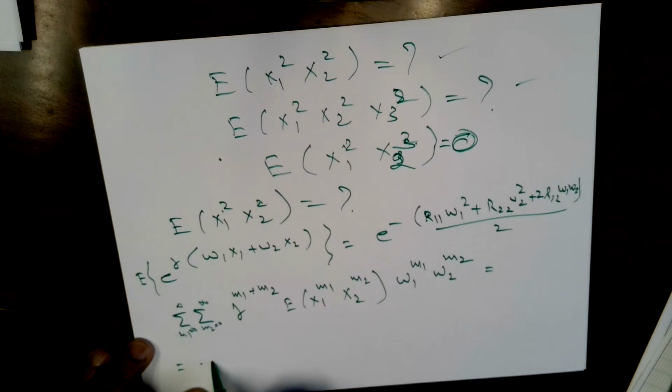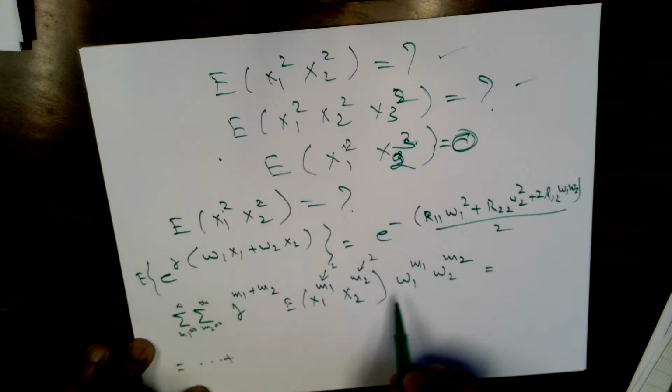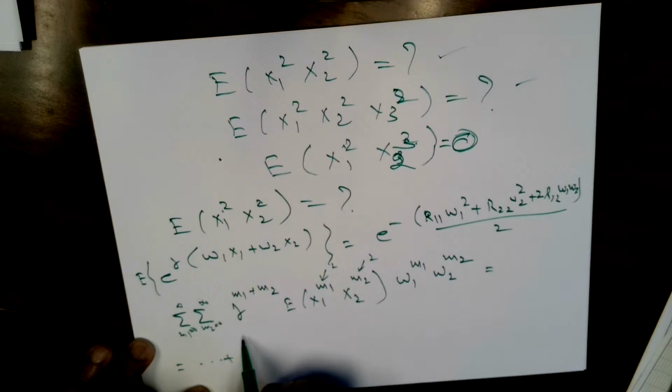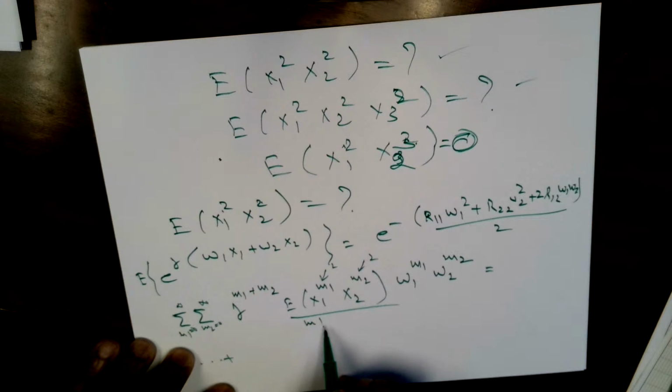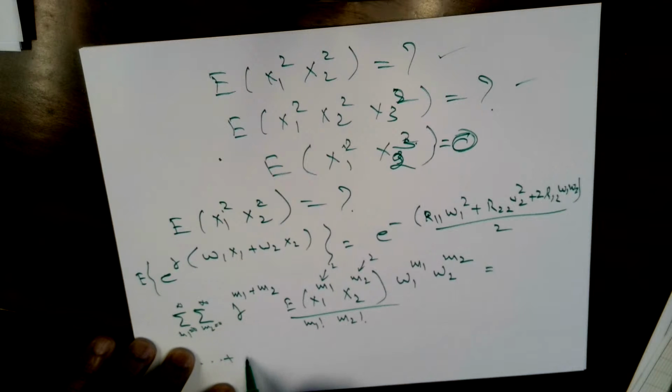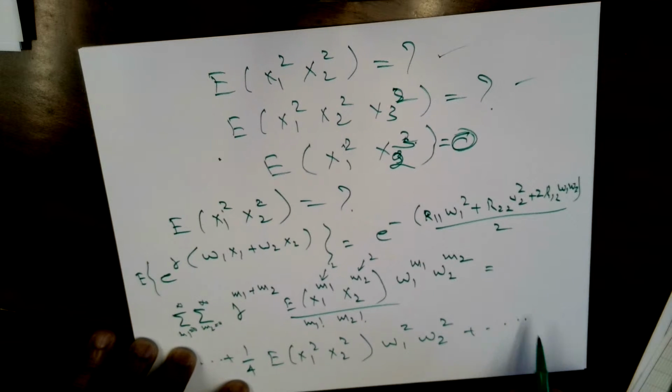So the left side, of course, if you extract the term that we are interested in, which is 2 here, 2 here, this becomes j to the power 4. And by the way, there is also a denominator, which is m1 factorial, m2 factorial. So m1 is 2, m2 is 2. So this becomes 1 over 4 expected value of x1 squared, x2 squared, omega 1 squared, omega 2 squared on the left side.